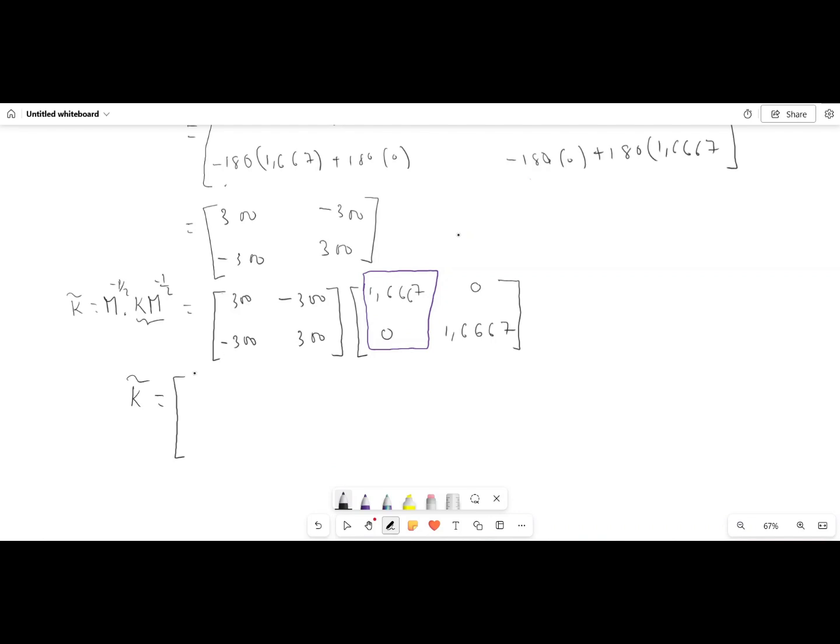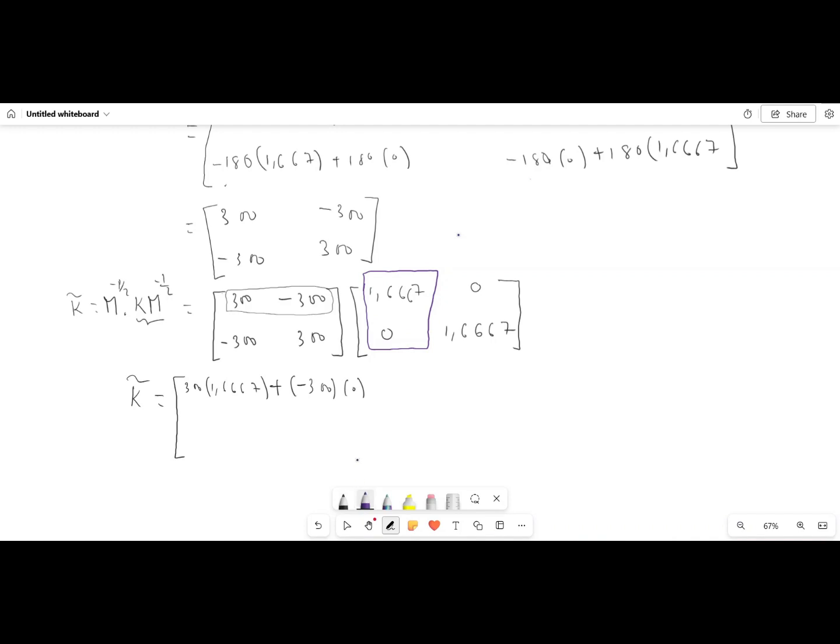We'll have 300 times 1,6667 plus minus. So I'm using this top here and this one to fill the top here. So minus 300 multiplied by 0. I have filled this one.